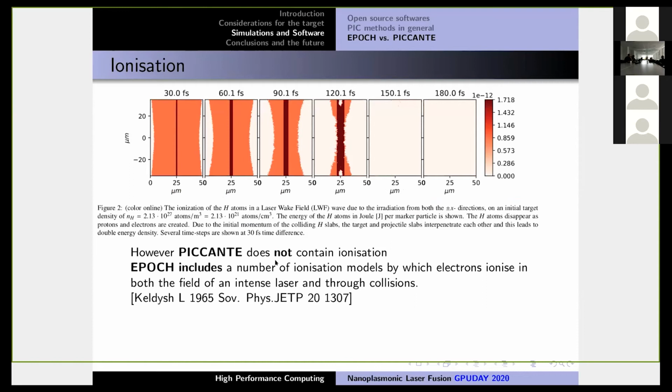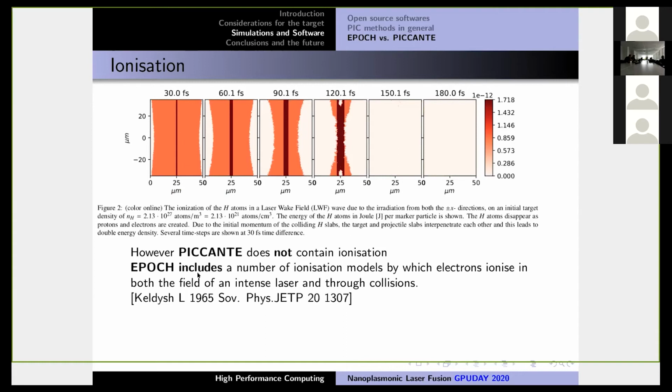However, it does not contain ionization, which will be very necessary in our case, because short laser pulses will be used with high energies. At that scale, even nonlinear optics has to be taken into account.